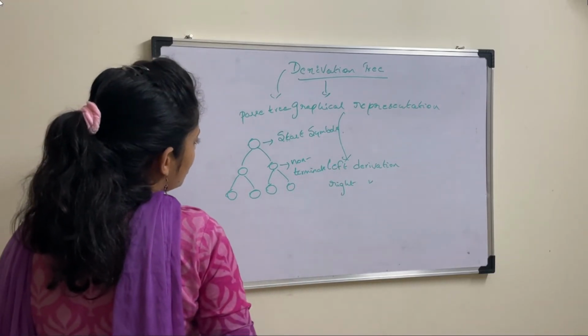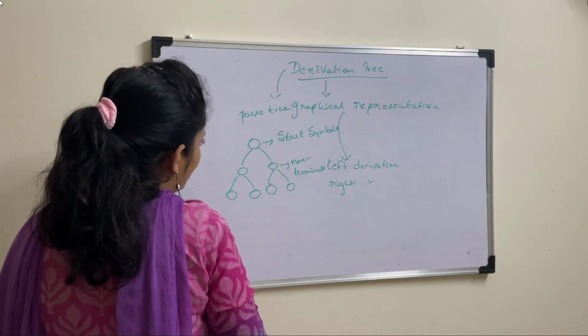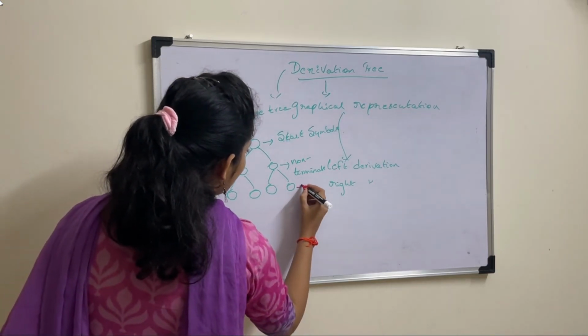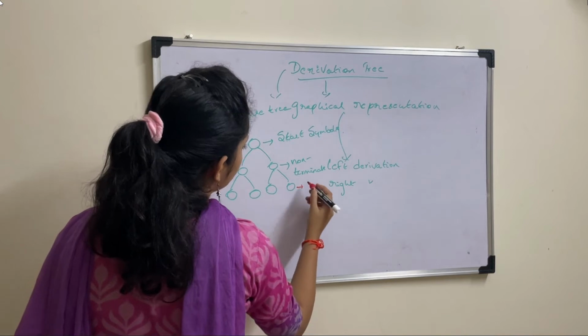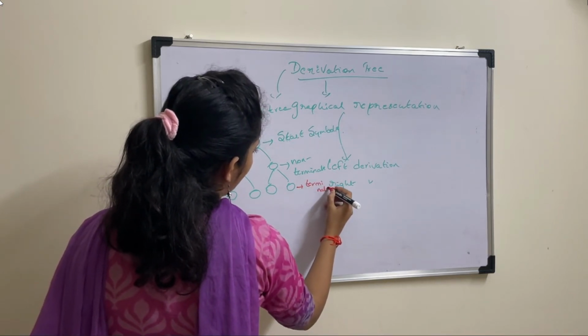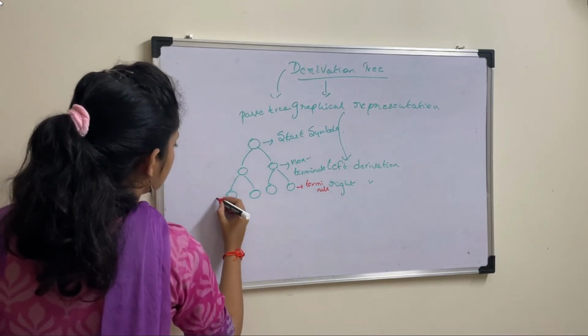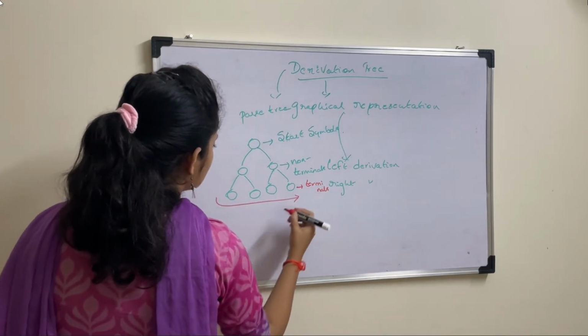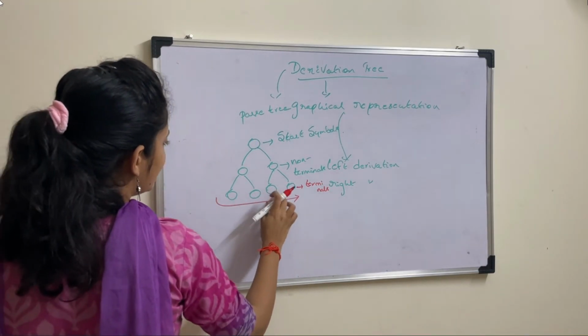Okay. Non-terminals are represented in the internal nodes, whereas these leaf nodes are used to represent terminals. So these terminals, all these leaf nodes.